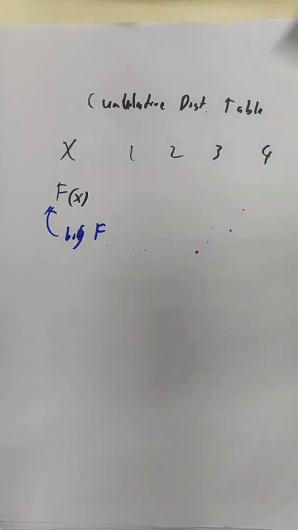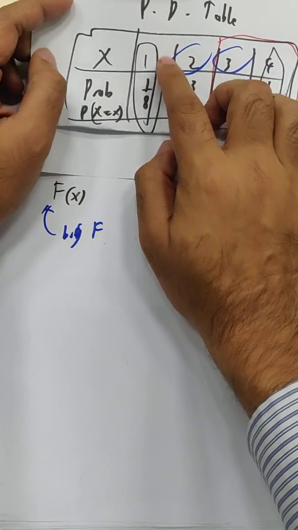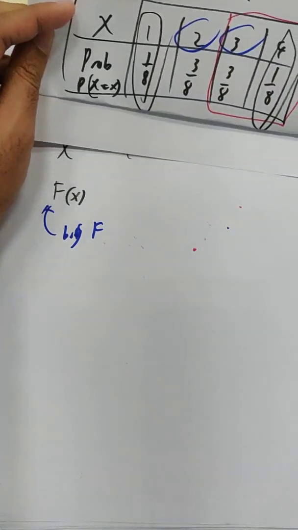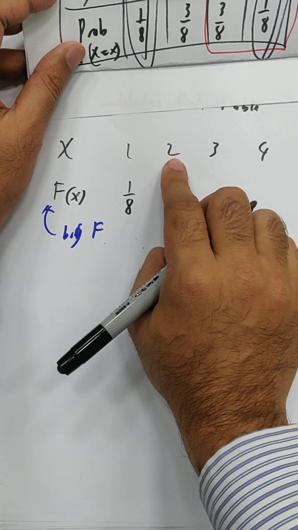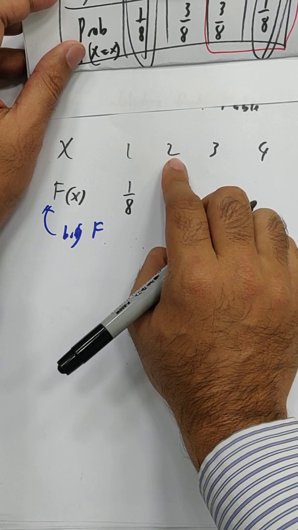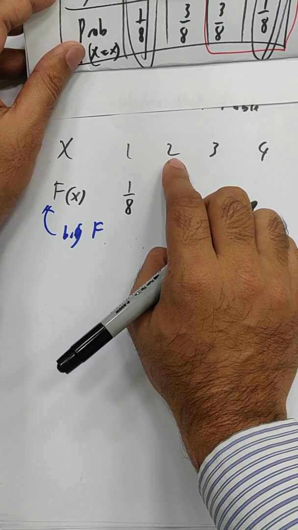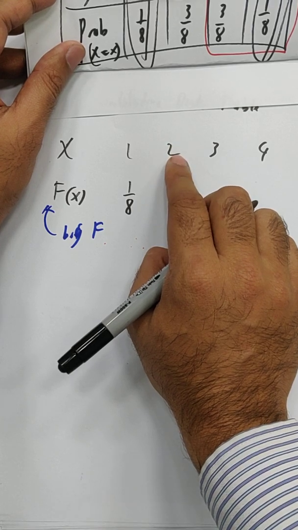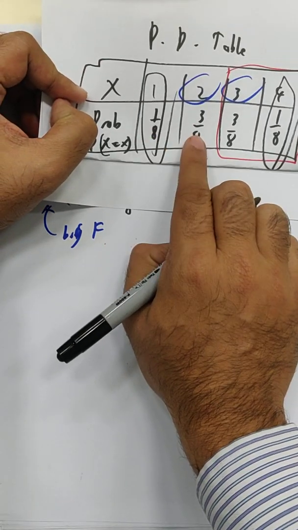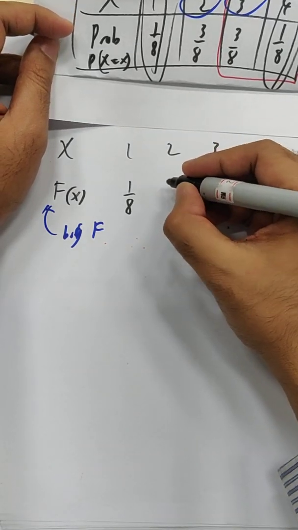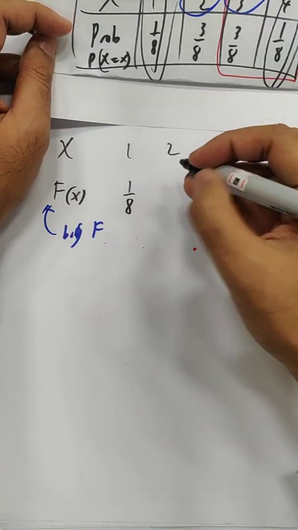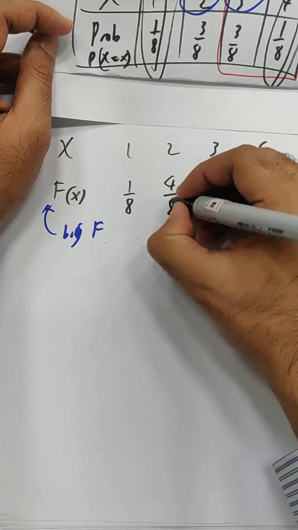Alright, so what's the probability for you to get 1? 1/8. When 2 here, it means 1 and 2. What's the probability for you to get 1 and 2? Add up these two. 4/8. Okay, to make our calculation easy, let's not simplify them yet.